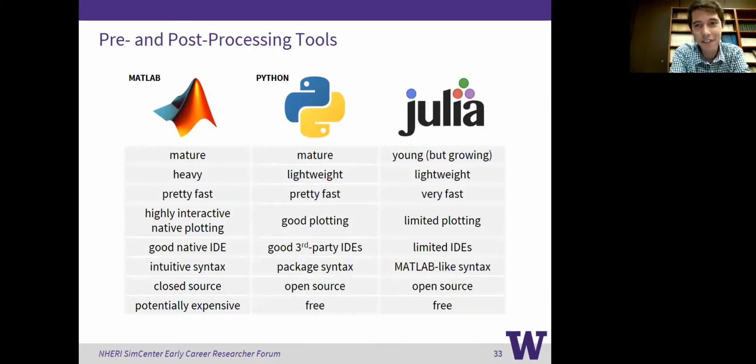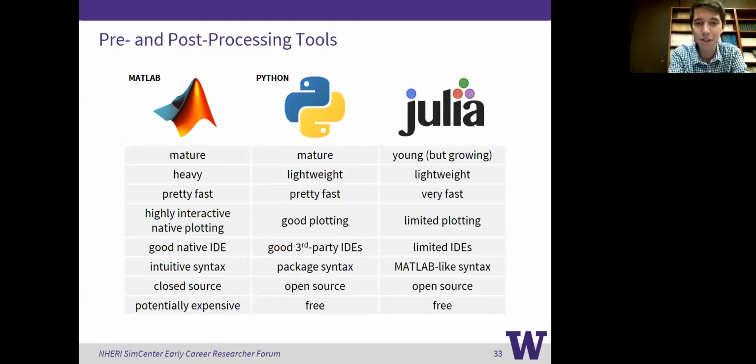So with that said, there's a couple of different options here that you might use for pre or post processing. There's MATLAB, Python, and probably less familiar, Julia. And they all have their pros and cons, and my advice really is to do what feels good to you. If you're familiar with Python, then you should probably use Python. If you're familiar with MATLAB, you should use MATLAB.